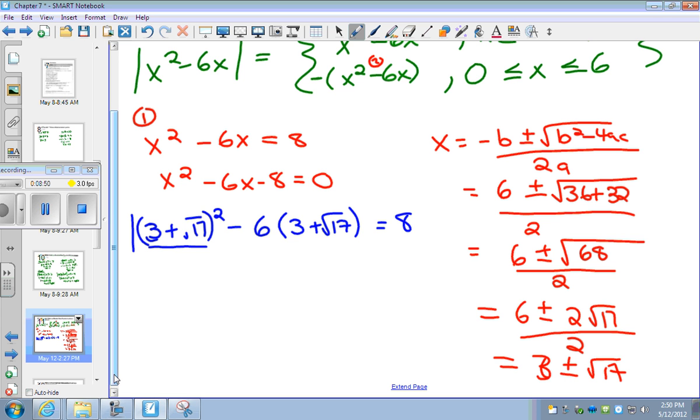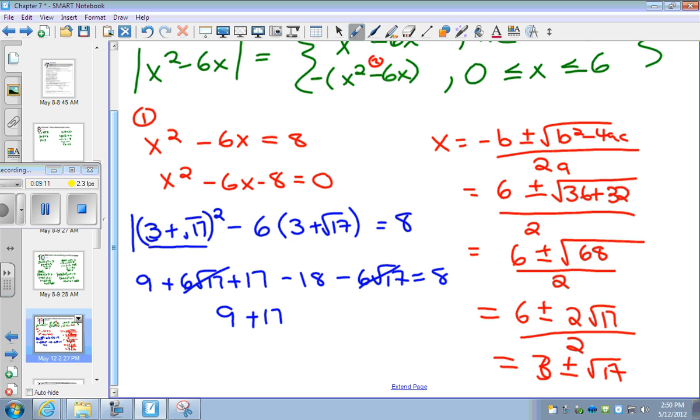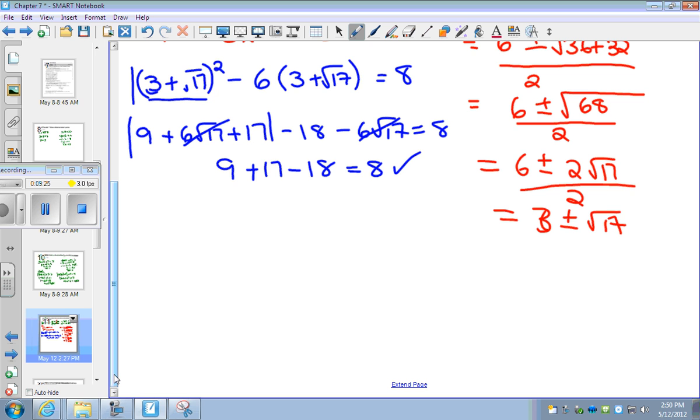Let's square this. We get 9 plus 6 root 17 plus 17 minus 6 times 3, which is 18, minus 6 root 17. Look at that, those root 17s cancel out. Pretty cool. Does 9 plus 17 minus 18 equal 8? You better believe it does. So that one works. Sorry, this was supposed to be all absolute valued, but because it was all positive, it worked out okay.